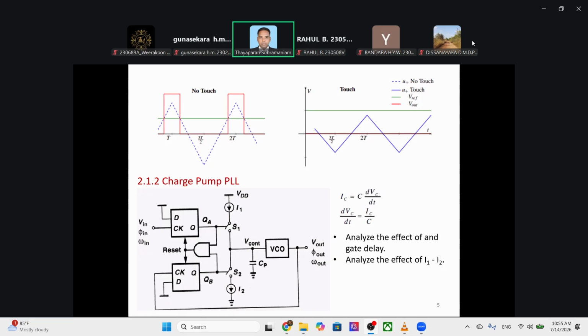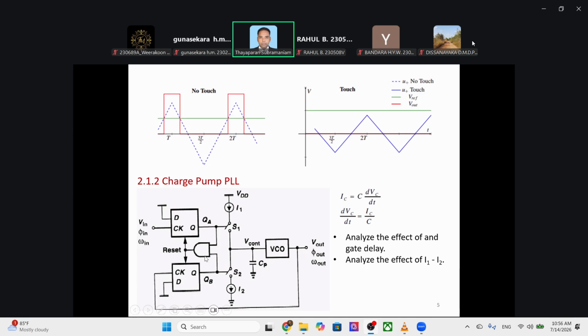Here we have to have matching gate delay. What is the impact? There are two flops and also one AND gate. The charging and discharging connects here and creates some voltage here. However, there are some uncertainties due to this gate delay.